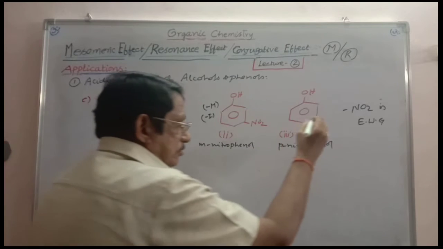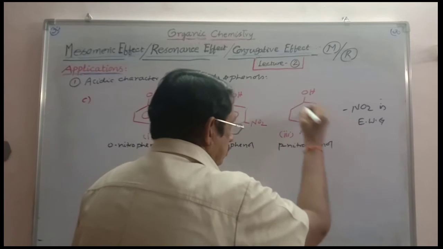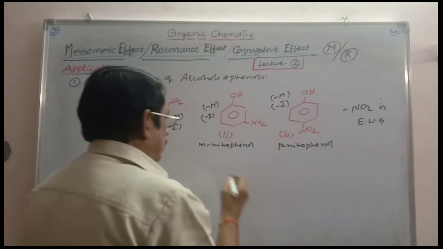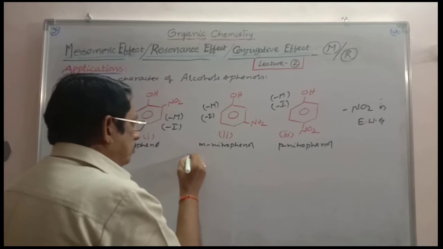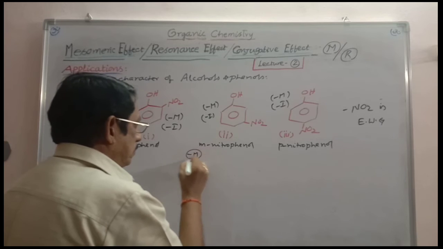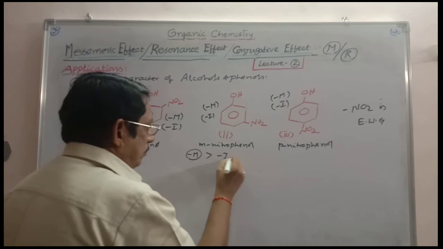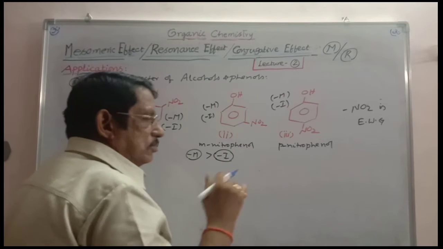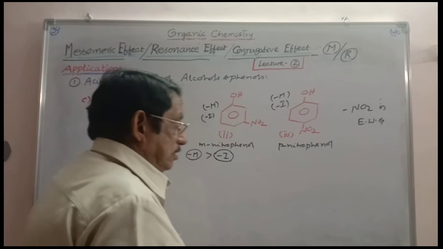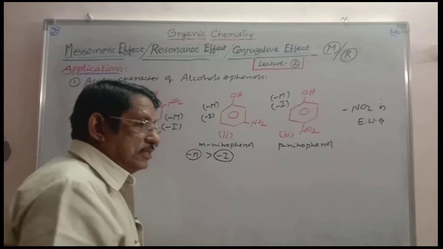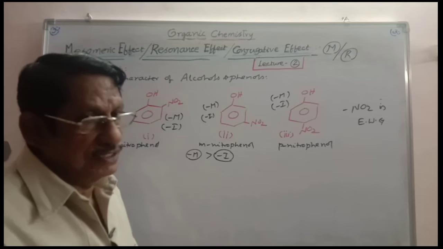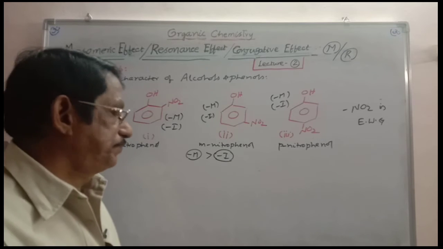In the para position also, we are having the same result, minus M, minus I. Everywhere, mesomeric effects are predominantly present over inductive effects. So, based on the mesomeric effect, you have to give the answer. If it is unable to give the answer, you have to set the result based on inductive effect. The final result goes to be inductive effect in some cases.